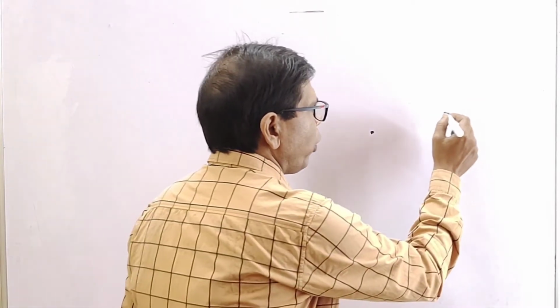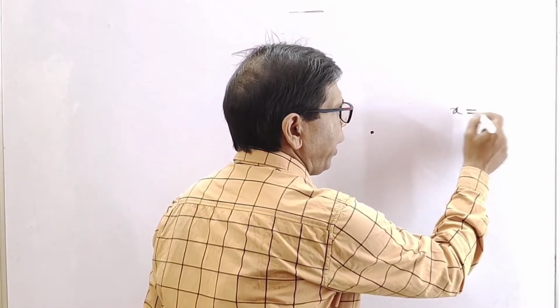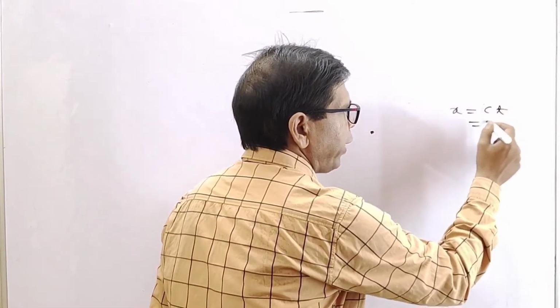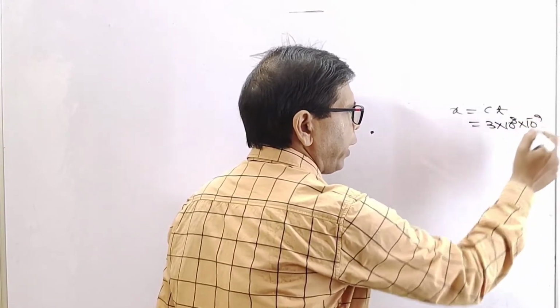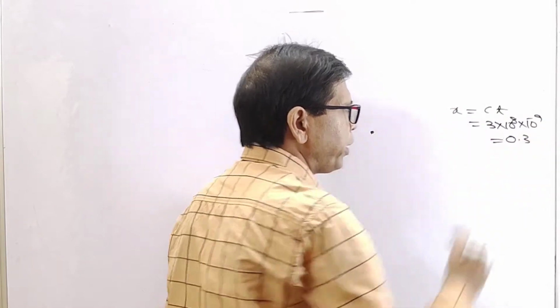First of all, wavefront. Suppose this is the point source. From this point source, light travels in all directions. Now, after 1 nanosecond, the distance traveled by light is c into t, that is 3 into 10 to the power 8 into 10 to the power minus 9, that is 0.3 meter.